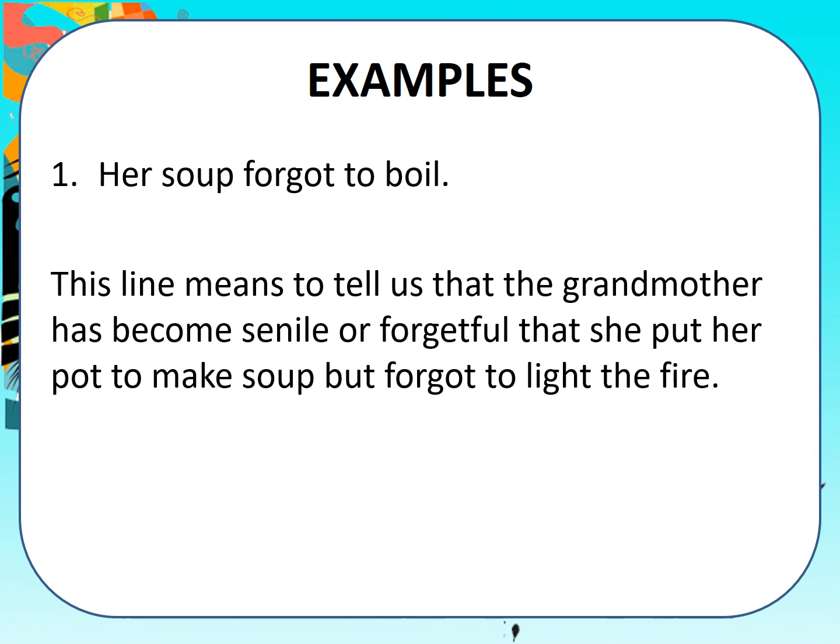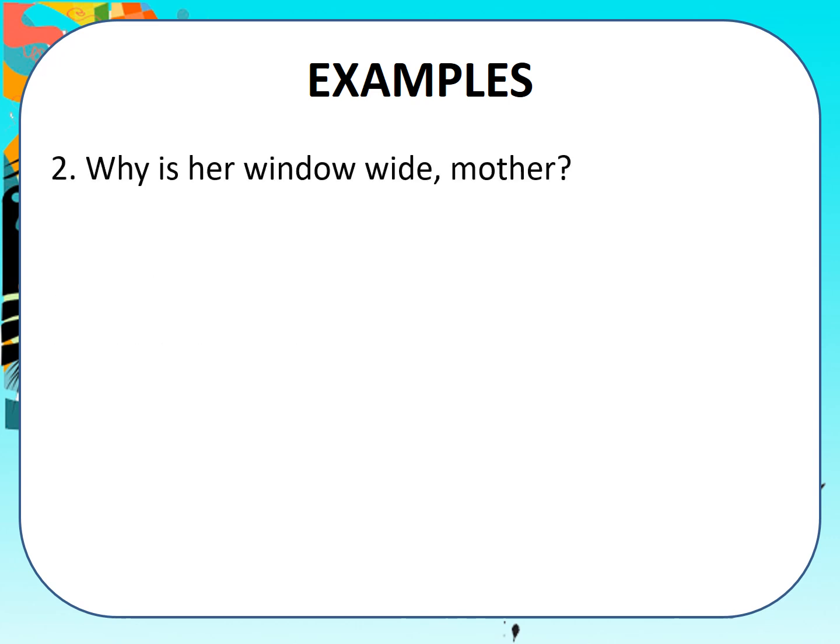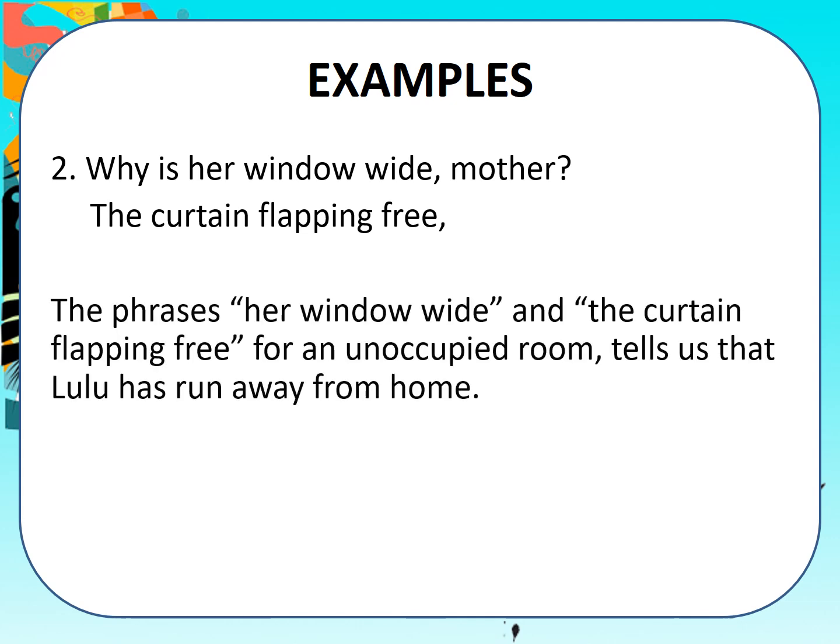Okay? The next example. Why is her window wide, mother, the curtain flapping free? From which poem is this? Yes, it is from What Has Happened to Lulu. So the phrases her window wide and the curtain flapping free are for an unoccupied room.